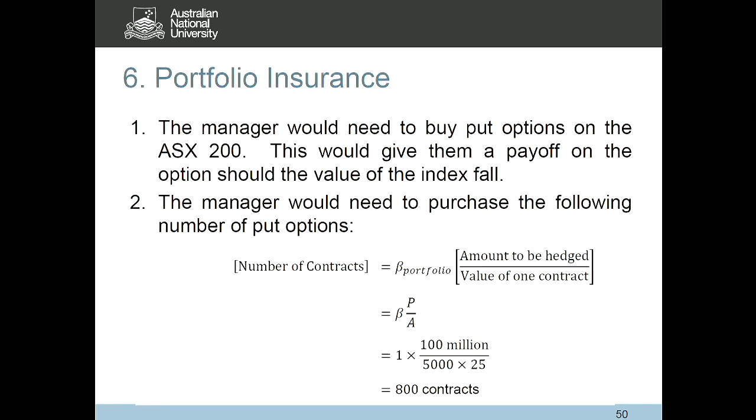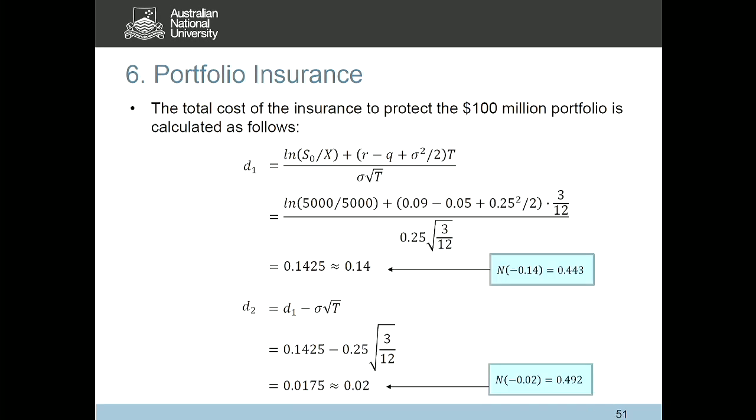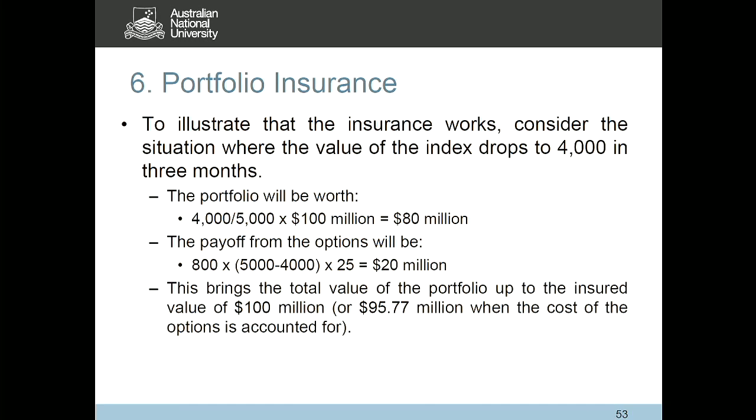And the last point asks you to show this insurance strategy actually works. Now to do that, you just need to demonstrate what happens if the index has fallen. So here I just hypothetically say, what if the index dropped to 4,000 points? Now, if the index dropped to 4,000 points, our portfolio will drop by the same amount because our portfolio has a beta of 1.